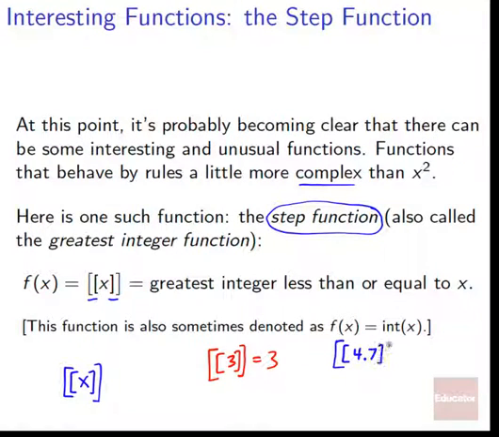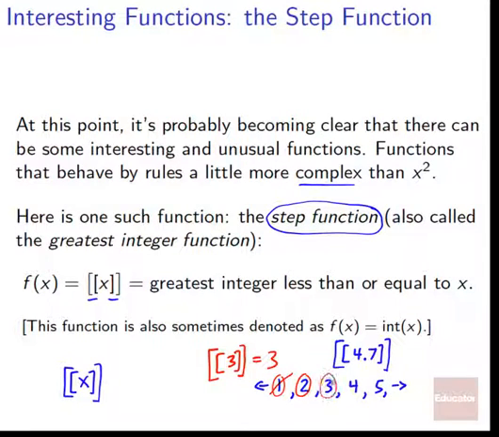If we plugged in 4.7, well, what is the greatest integer that is less than or equal to x? Well, 3 is a possibility, 4 is a possibility, 5 is a possibility, and it would keep going in either direction, right? So if we went from the left, let's start like this. So we could say, hey, 1. 1 is a possible thing. Let's go with 1. Oh, well, if we look at 2, it turns out 2 is even bigger than 1, and it's still less than 4.7, so 2 is our best option.